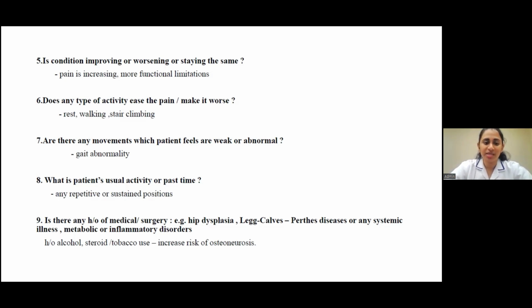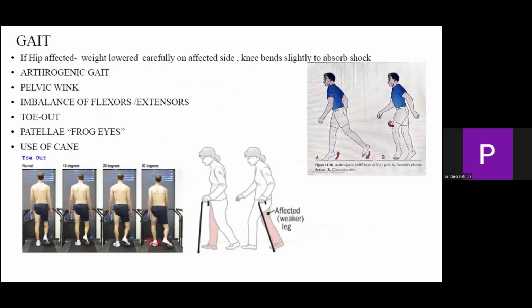So any history of steroid injections or steroid ingestions is very important to know about. Of course, longer durations of steroid prescriptions can lead to avascular necrosis. Also, there is a possibility of increased risk of osteoporosis as well.